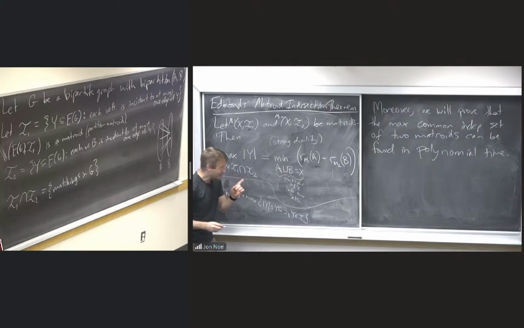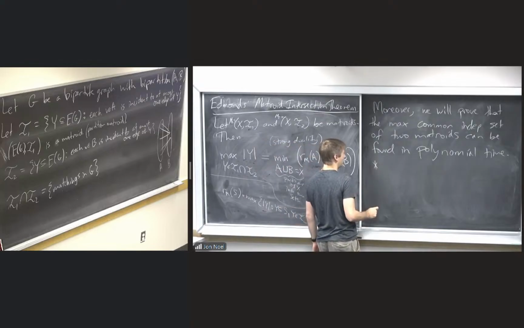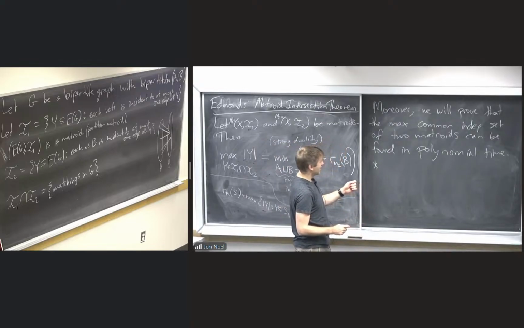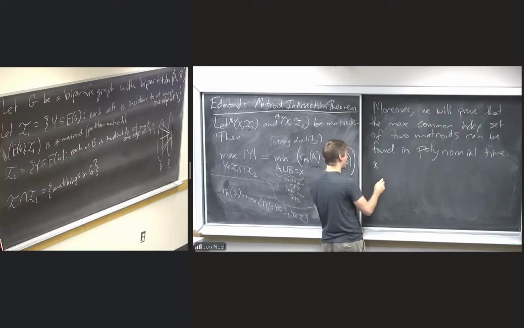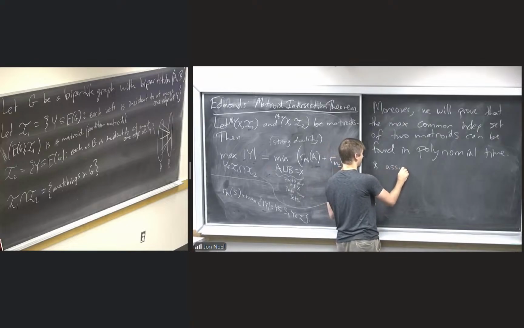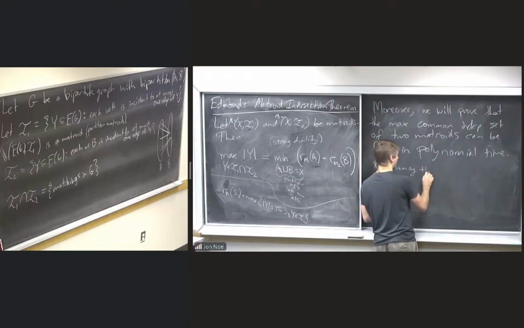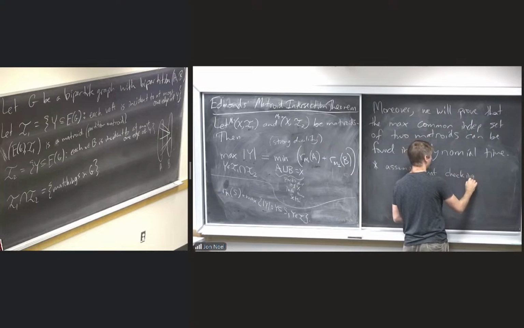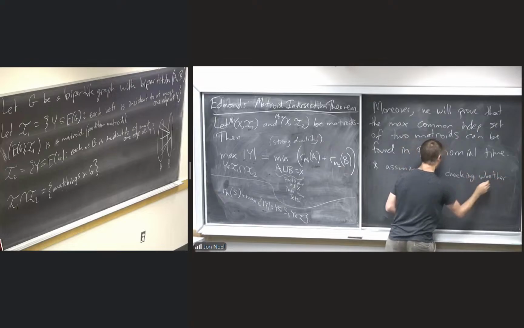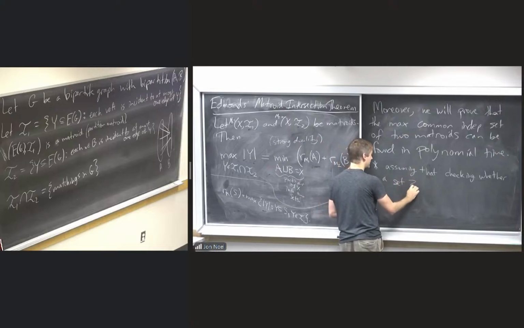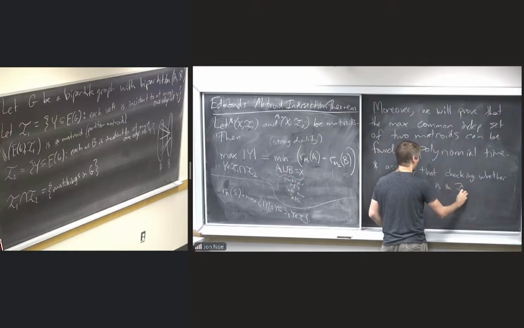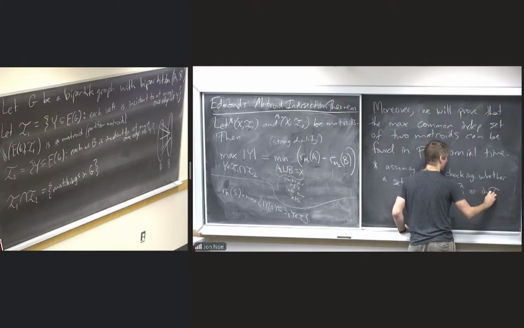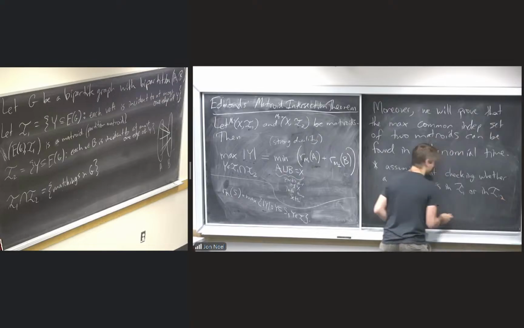There is one asterisk here, one caveat: it may not actually be a polynomial time algorithm. It's polynomial time assuming that checking whether a subset Z of X is in I1 or in I2 can actually be done in polynomial time.